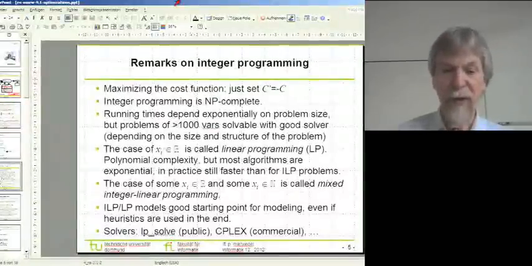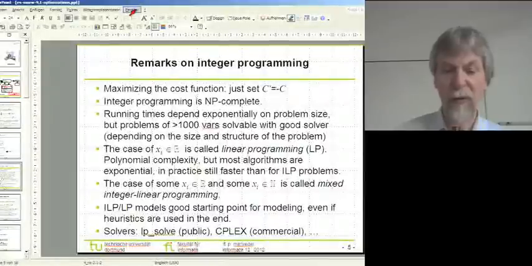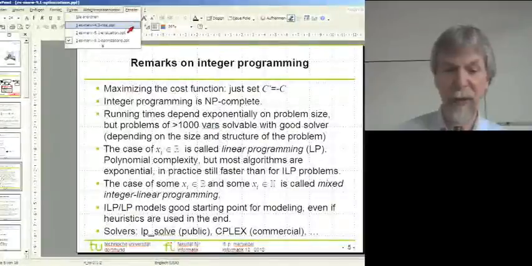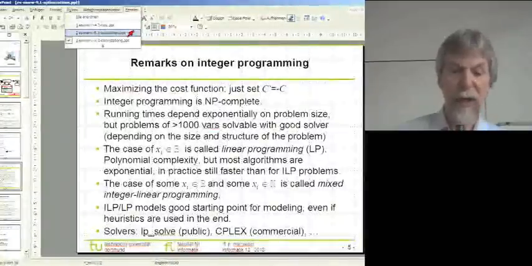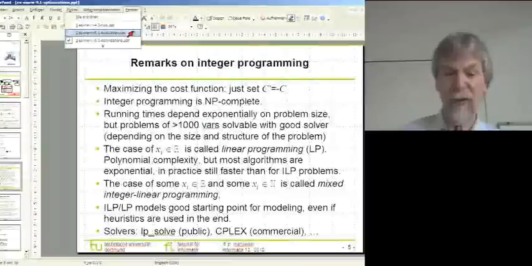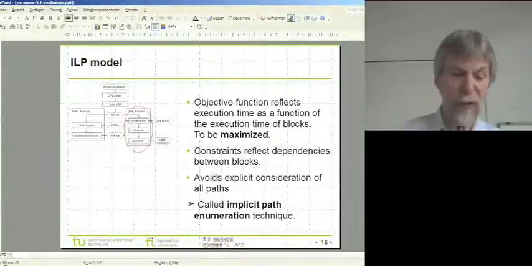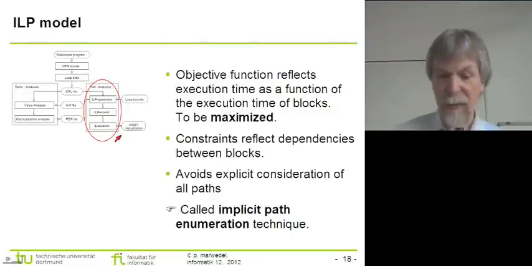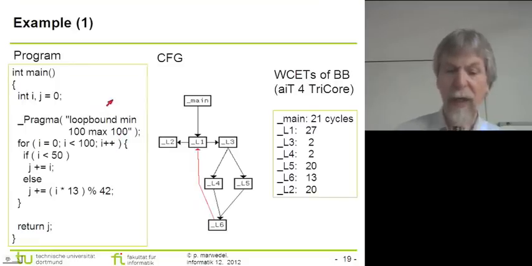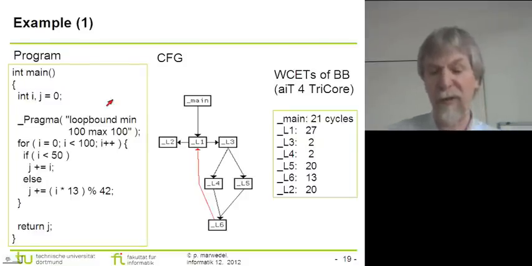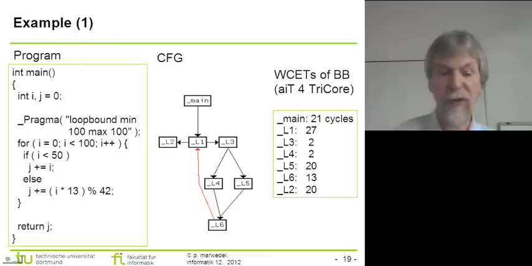So after this short introduction to integer programming or integer linear programming, like we call it, I'd like to continue this discussion of the computation of large worst-case execution times. I'd like to demonstrate using a little example how we can map the computation of worst-case execution times to such an integer linear programming problem.